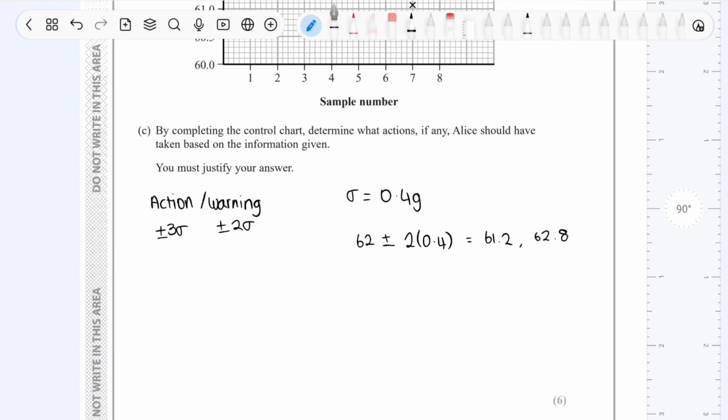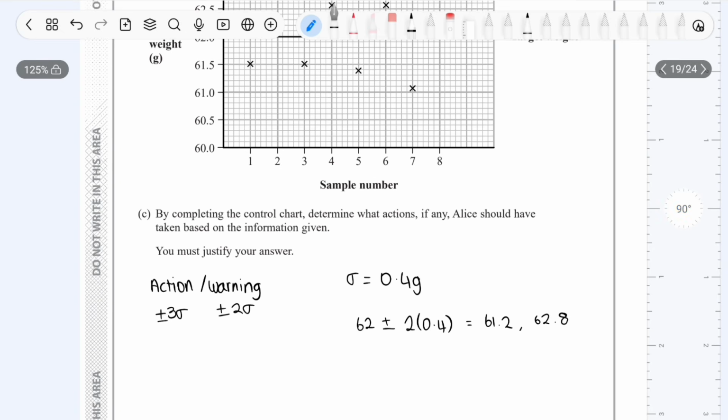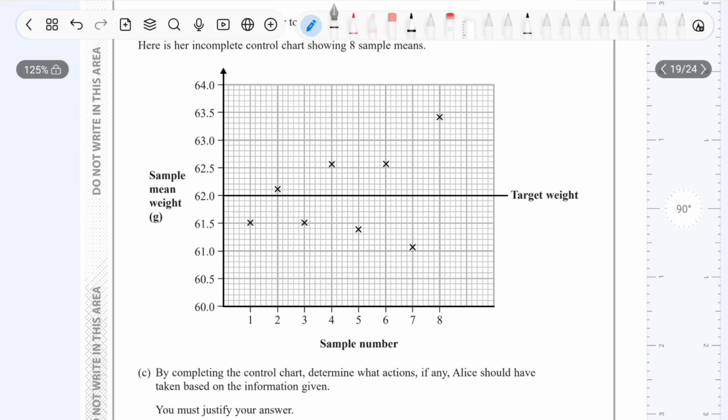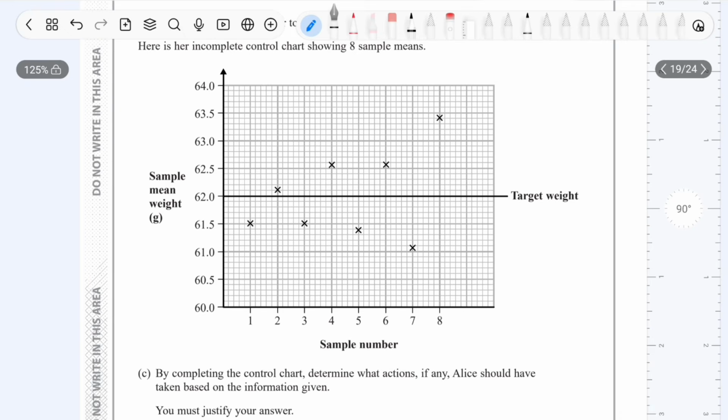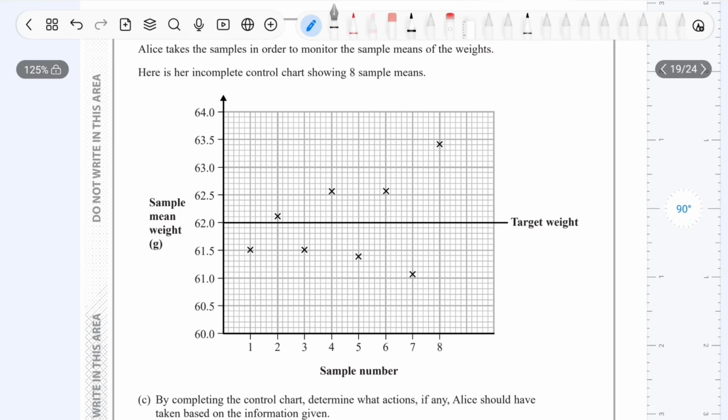Okay, so now we need to plot this on the graph. Our values are 61.2 and 62.8, so I'll just spend my time plotting them now.